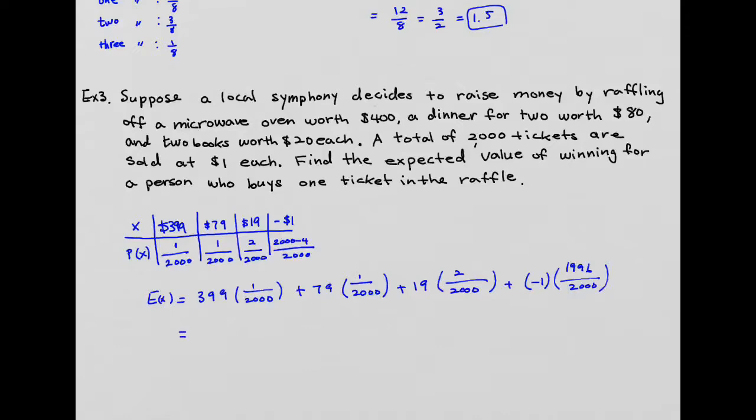And when you multiply all that, that gives you negative 1,480 over 2,000, which is going to be negative 0.74.